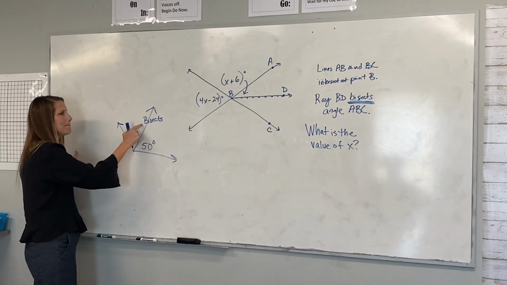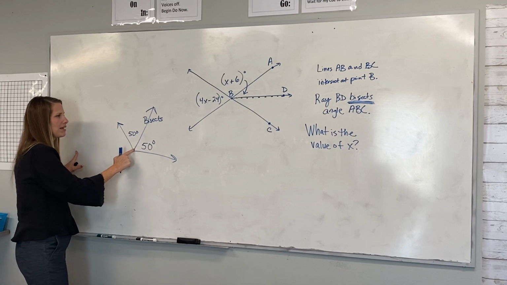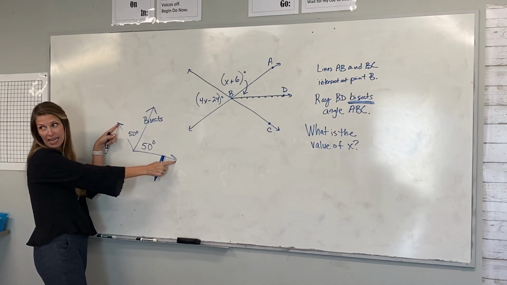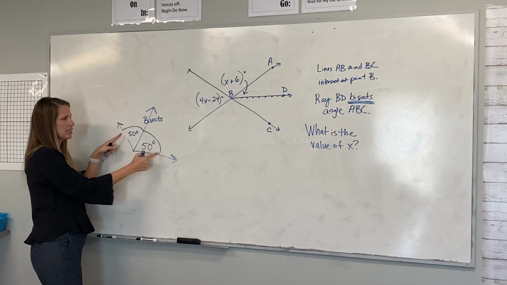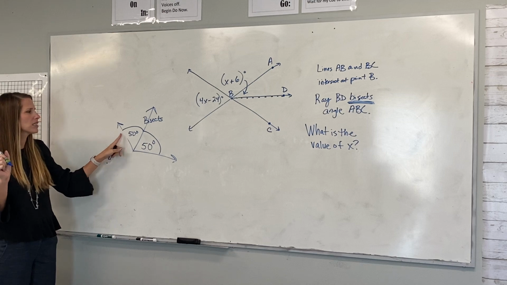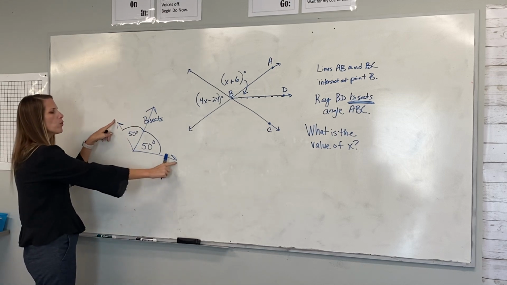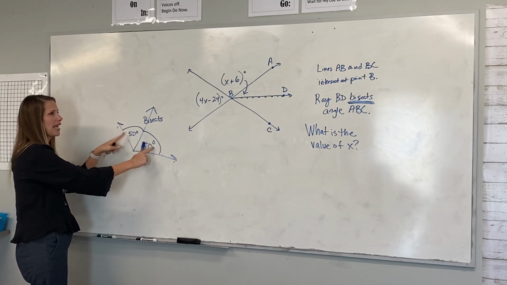Because if a ray bisects an angle, that means it cuts the whole thing in half, making this angle equal to that angle. Okay? So you were right by the definition, but you have to realize that it's bisecting the whole thing. The whole thing is cut in half, so this angle and this angle are the same.